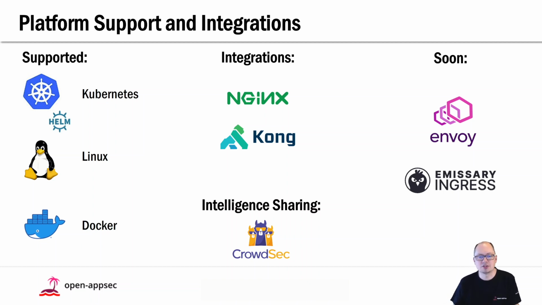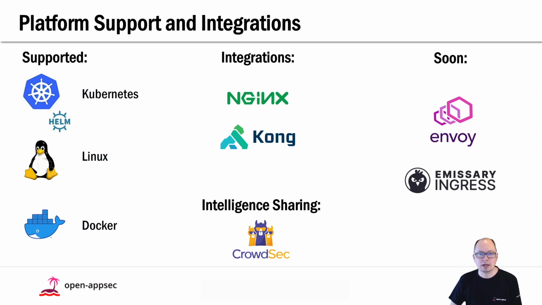Report this intelligence back to the CrowdSec community threat intelligence so that other users of CrowdSec can benefit from this. So we are really looking at living the open source thought here and trying to evolve our ecosystem with integrations and providing you more and more options to actually protect your environments with open-appsec.